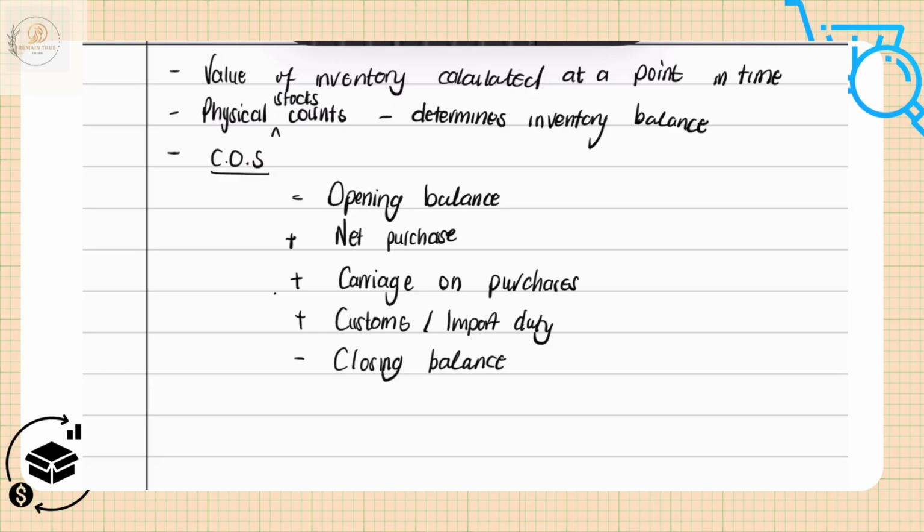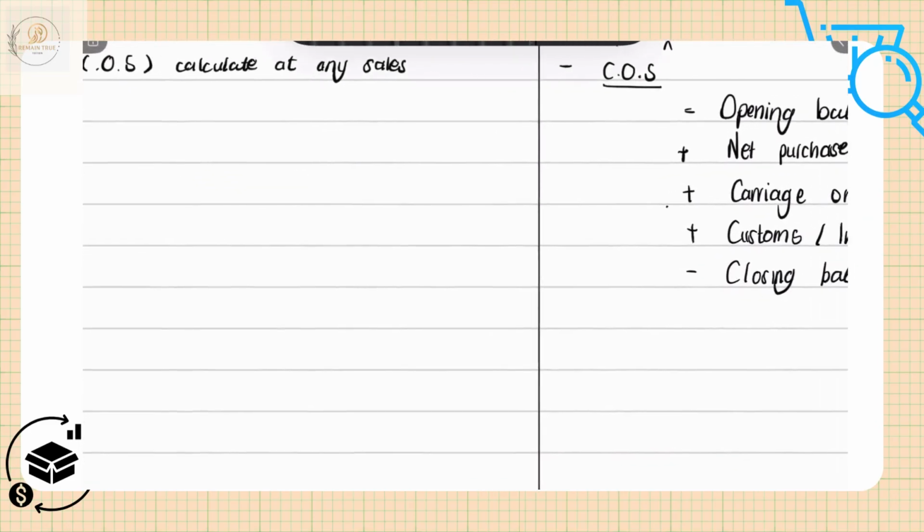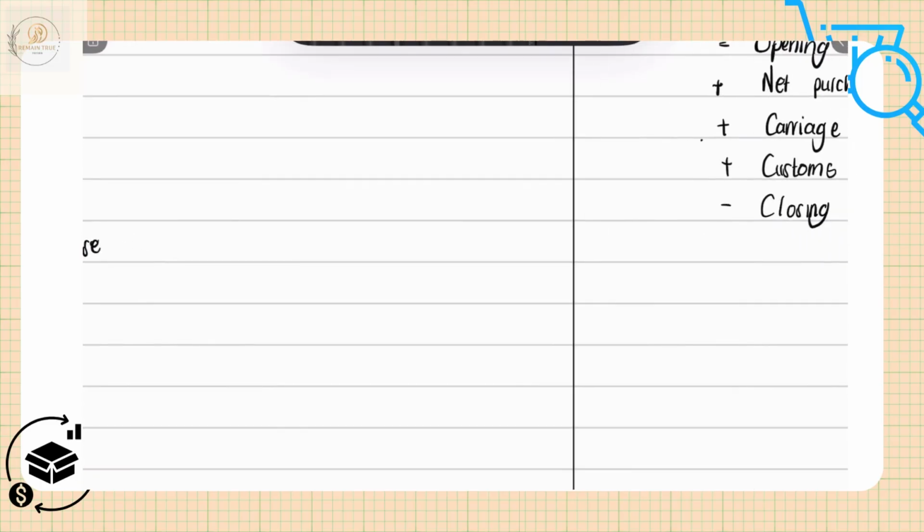What else can we add from this information? We can also add that perpetual is used for goods you can easily recognize, as opposed to periodic, which is for what type of goods? Companies that trade in large volumes or low value goods.